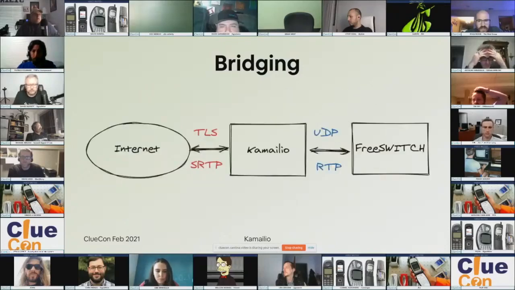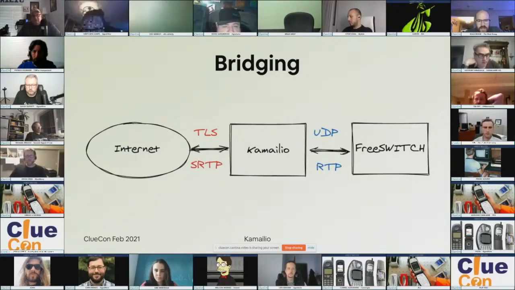So some examples might be that a TLS call comes into Commonilio, and it sends it via UDP. SRTP comes into Commonilio, but as far as FreeSwitch is concerned, it's just regular RTP. Commonilio will handle bridging and send it out to the internet. So your public internet is still encrypted, but the LAN side is just fine and dandy.